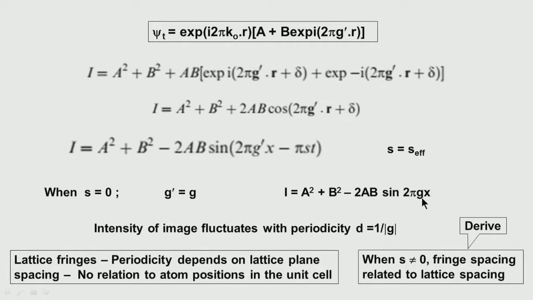How g is there is going to determine the periodicity in the intensity, or the intensity of the image fluctuates with the periodicity of g, that is d equals 1 by modulus of g. This is what the intensity is.